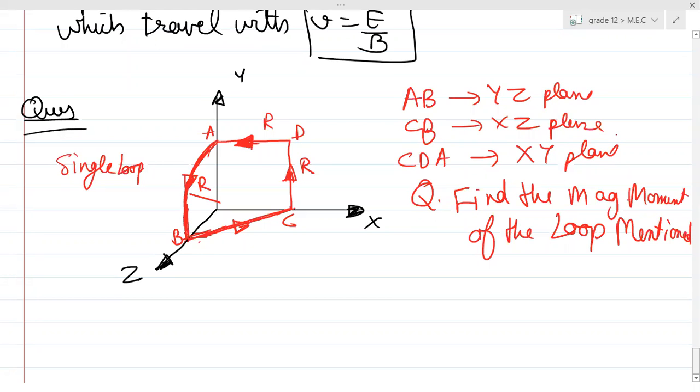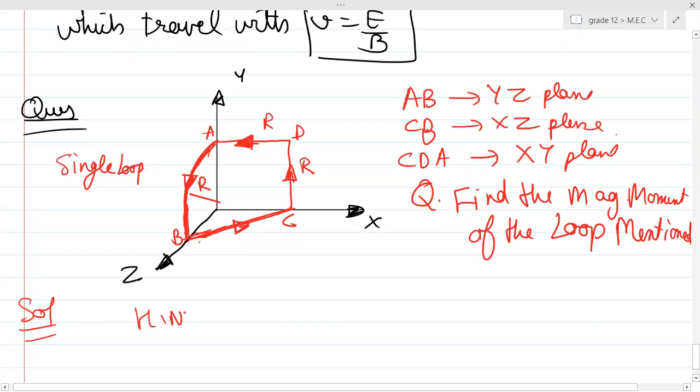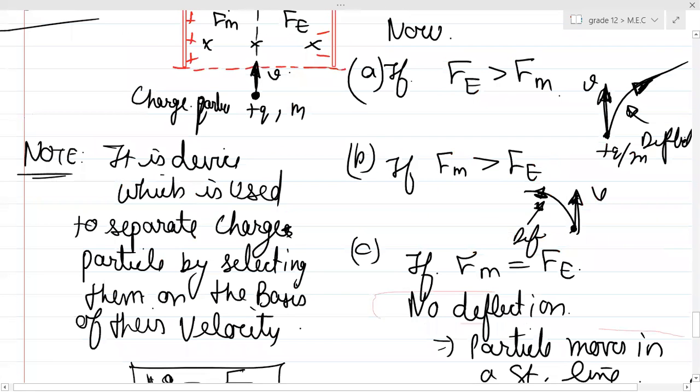Okay, so is there anyone who would like to try it at least? Tell me some logic, guys. How will I solve this problem now? Okay, give a hint.